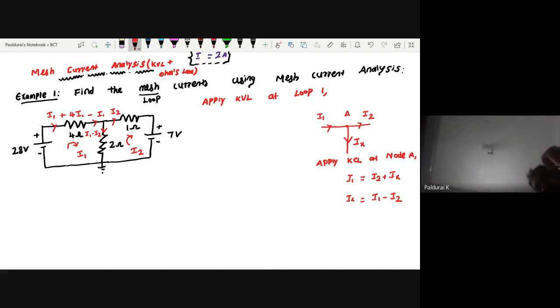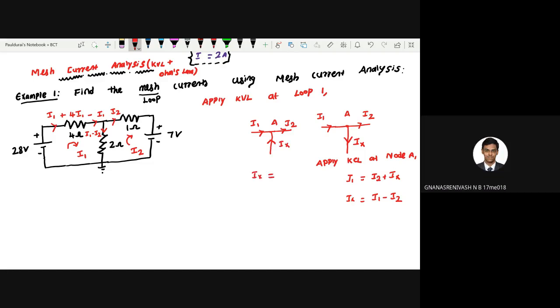இப்போ இதே இதுல இந்த டைரக்ஷன்ல ஃப்ளோ ஆகிற கரண்ட், now what is Ix?